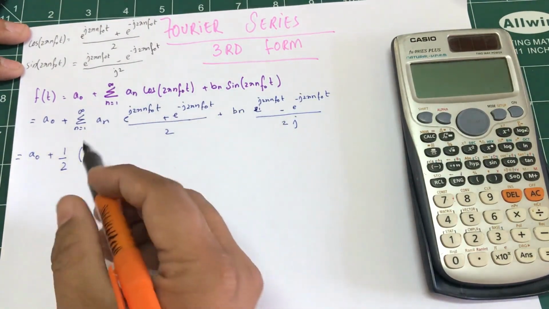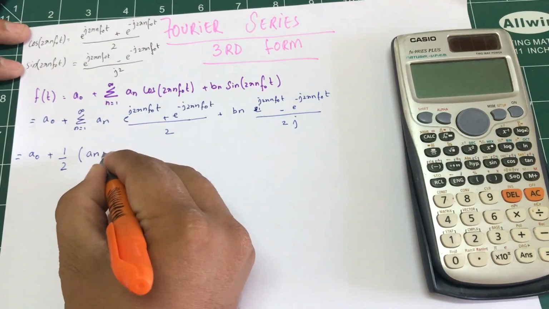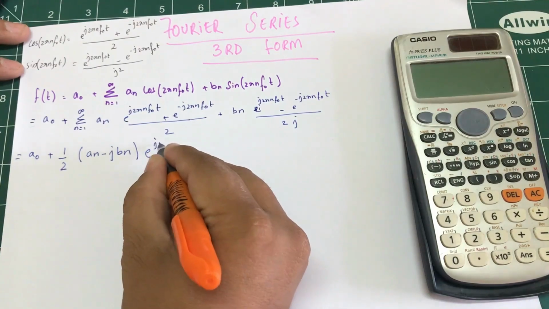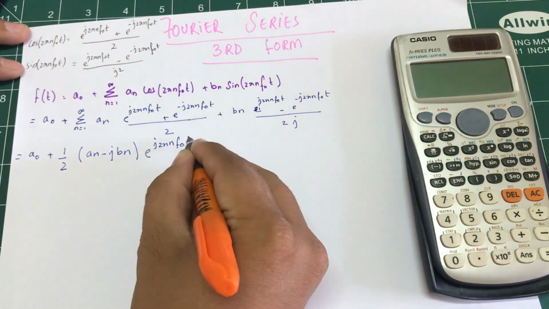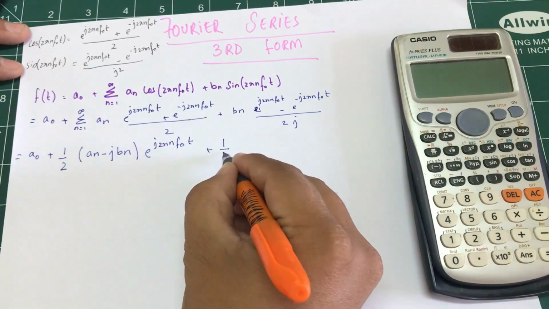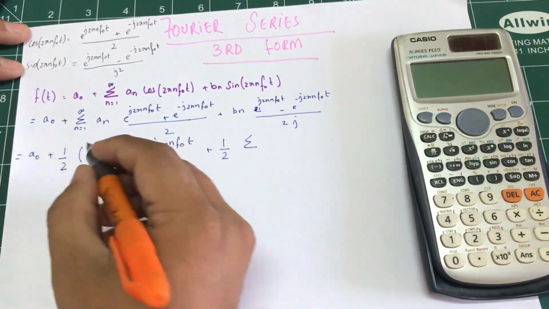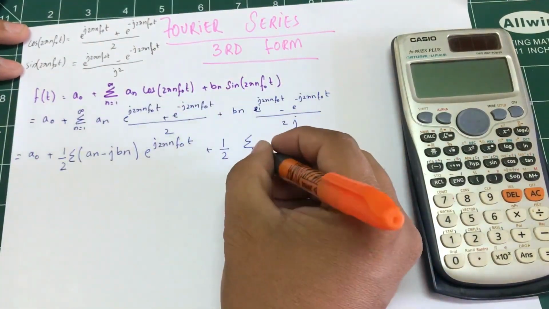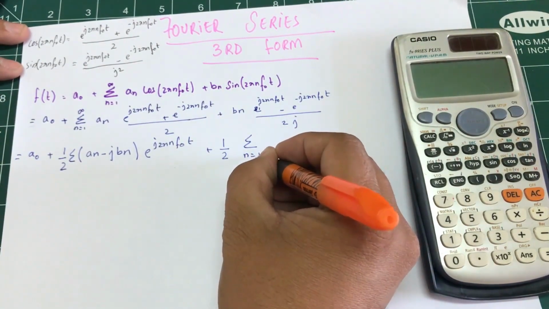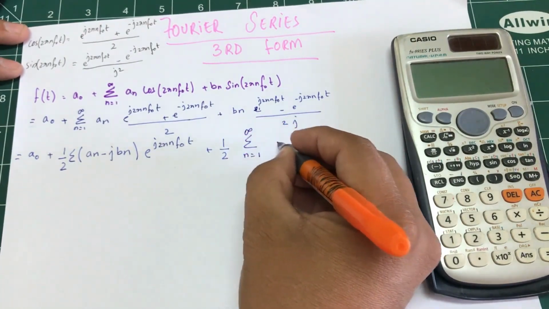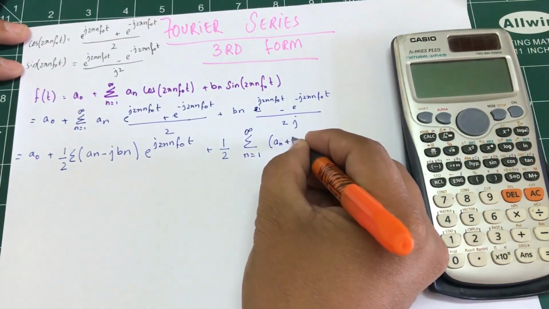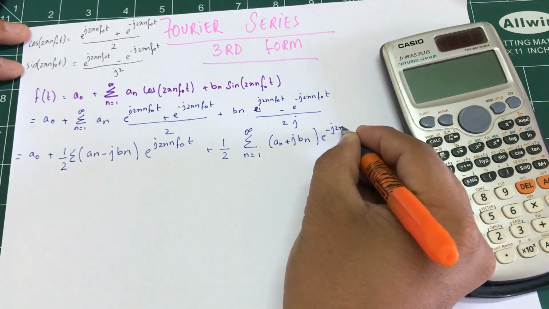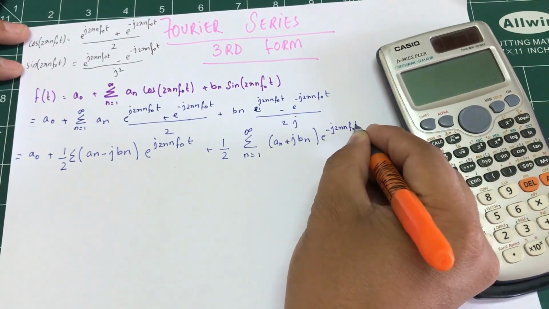I'm going to end up with half summation of an minus j bn times e to the j 2 pi n f0t, plus half summation, I'm breaking them down individually, n equals 1 all the way up to infinity of an plus j bn times e to the negative j 2 pi n f0t.